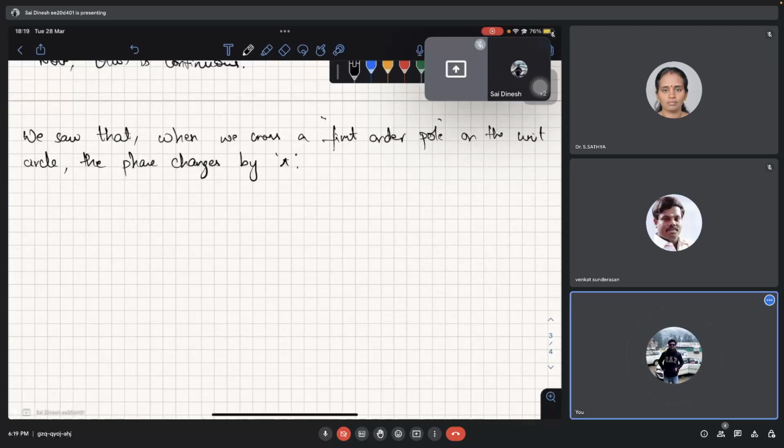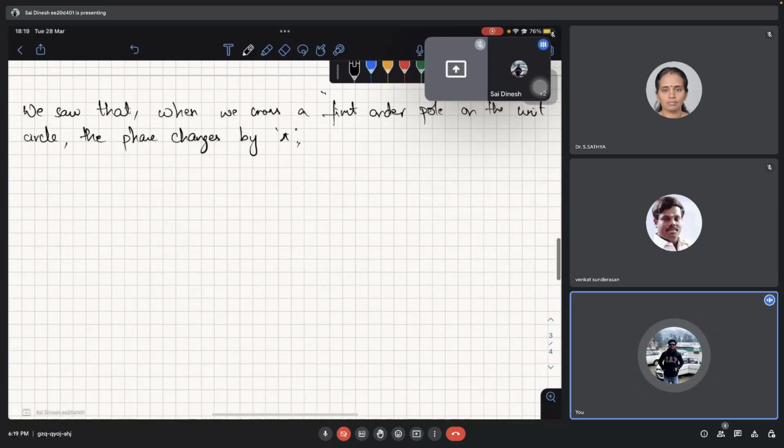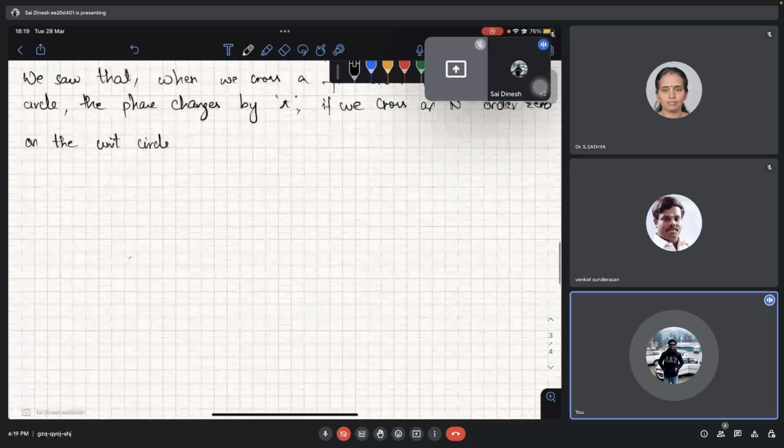Similarly, if we cross an nth order 0 on the unit circle, then the phase changes by n pi.